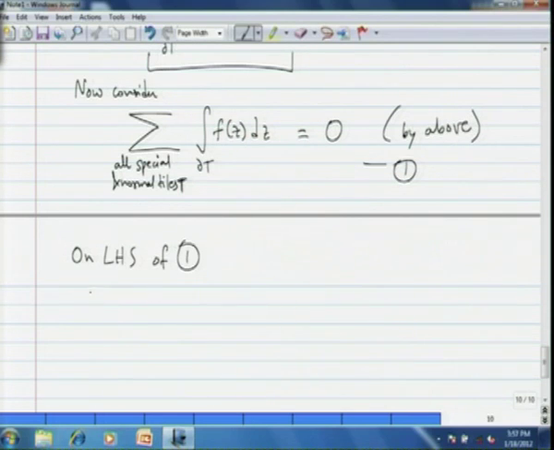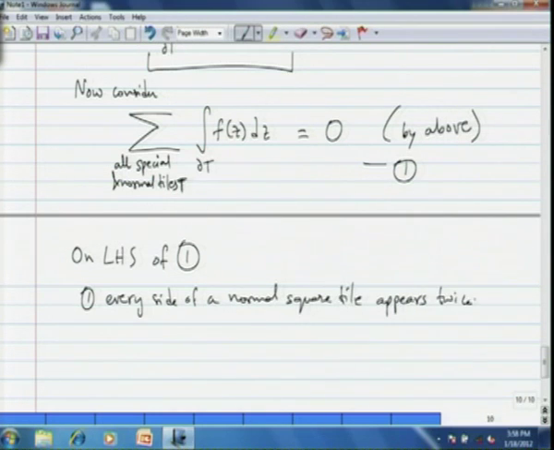We will make the following observations. Every side of a normal square tile appears twice with opposite orientation.